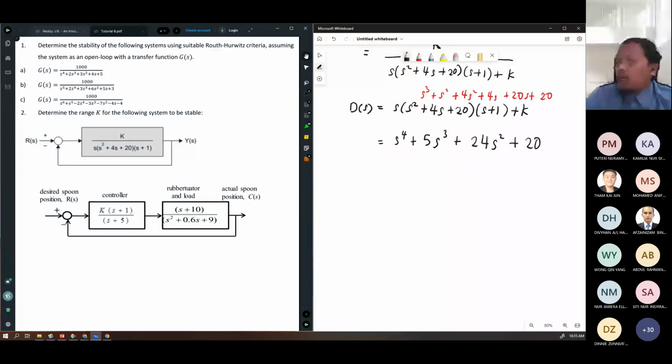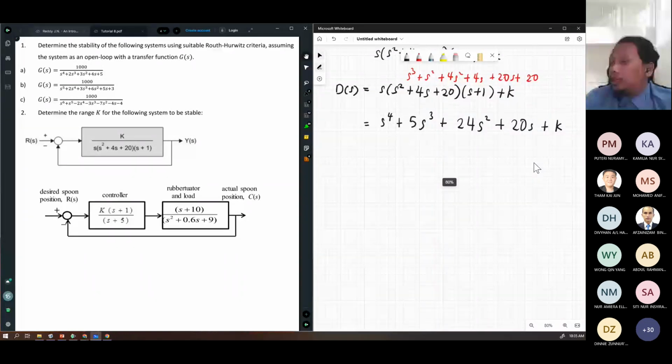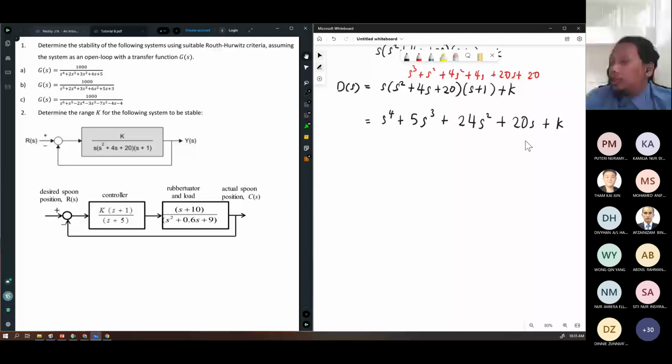After you get the denominator in complete polynomial form without factorization, then you can generate the Routh table.